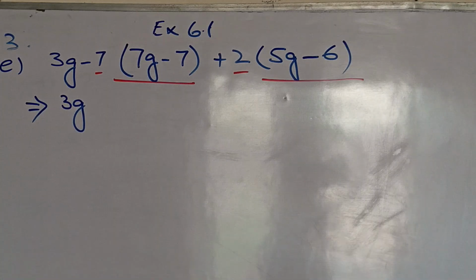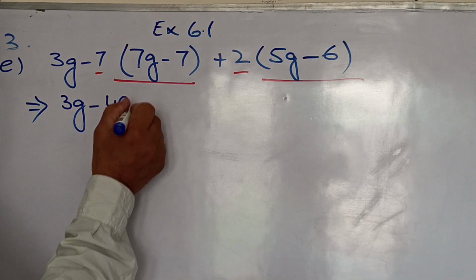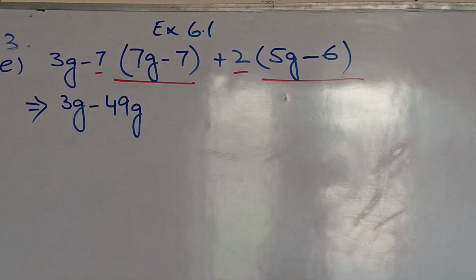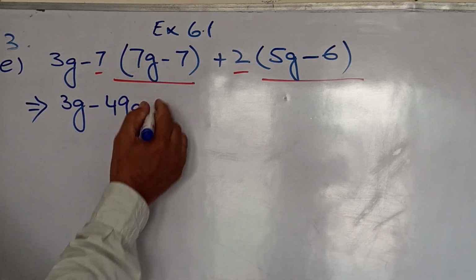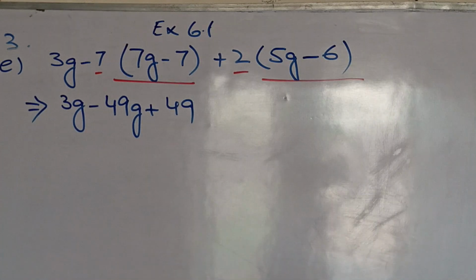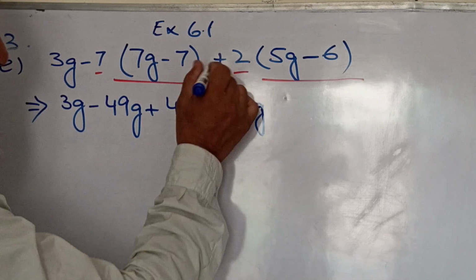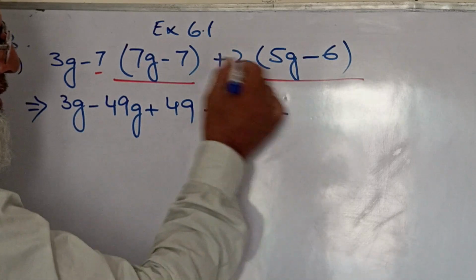Minus 7, 7 times 7 is 49, it will become 49g. Minus minus plus 49 again, plus 10g, and minus plus minus 12.